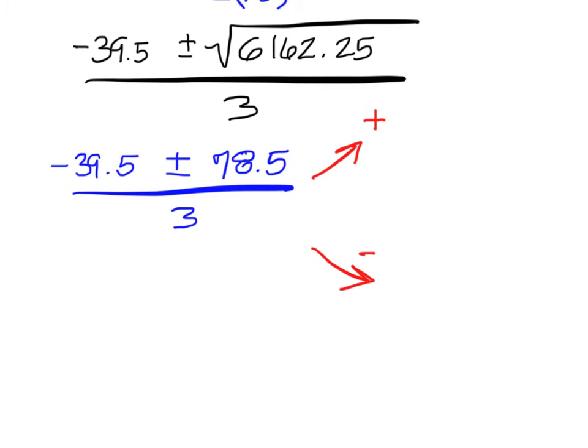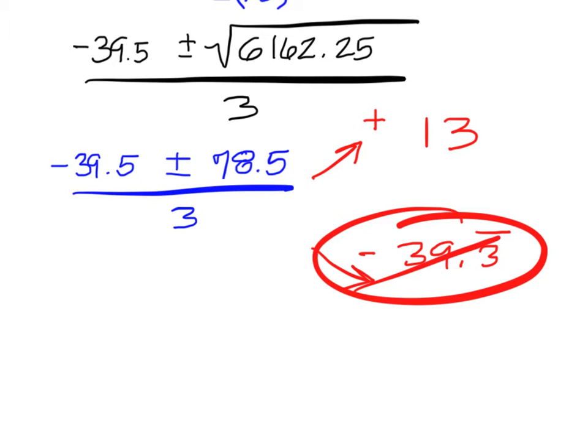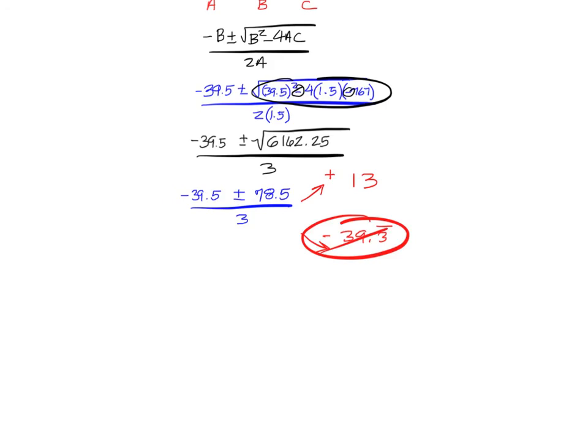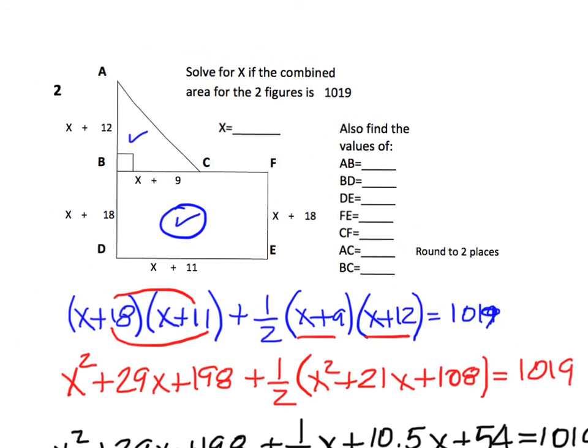So on the top part we would have negative 39.5 plus 78.5, and then divide by 3. That would give us a 13. If you do it the other way, negative 39.5 minus 78.5, and then divide by 3, you come out with a negative 39.3 repeating. Clearly, you can't use this. So x is 13.